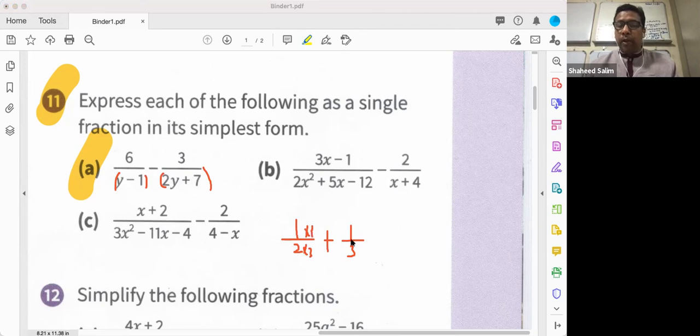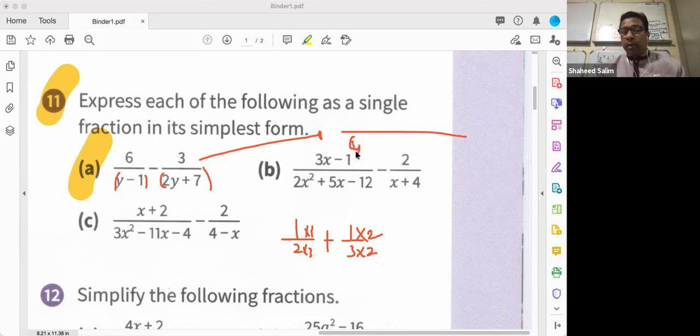Then times by 2, so you times the top by 2 also. So that means down here you got 2y plus 7, so this one must times 2y plus 7 also. The 3 must times by y minus 1, so the bottom must be y minus 1. Then you can combine. But don't expand this. Just leave it in its bracket form. So you have something like that.